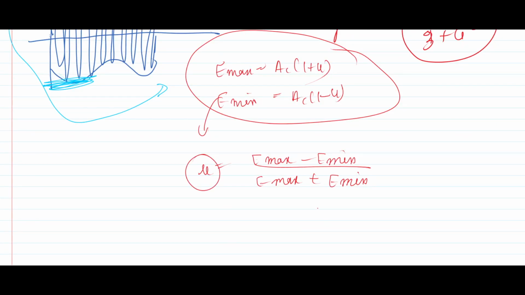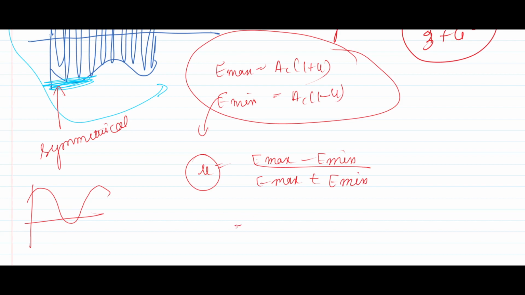There's one more trick to find mu, and this is very important. Here you have seen that the signal is symmetrical, but what would happen if the signal is not symmetrical? Like, I will give an example. If your message signal is like this, it is not symmetrical.